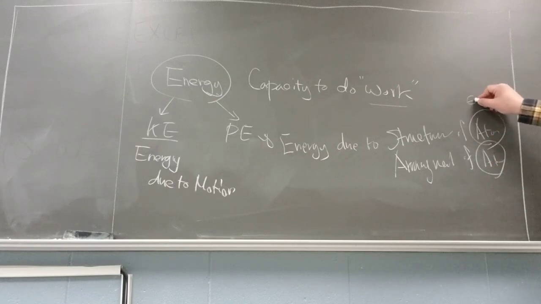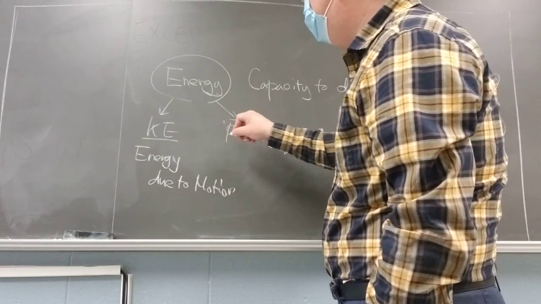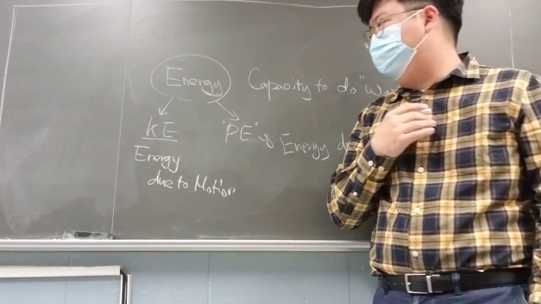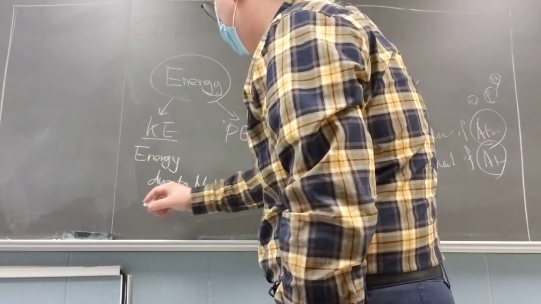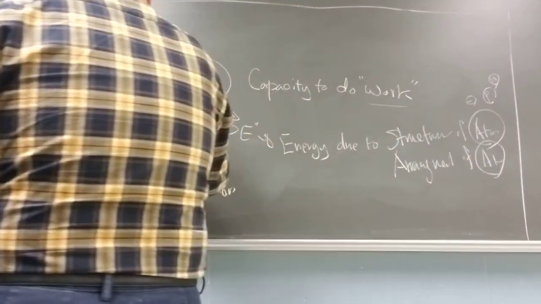You can also think about the position of the electron, the proton, the neutron. They're all part of making a potential energy. This might be kind of hard to estimate, so we don't normally talk about this one too much. But there are examples for those two.